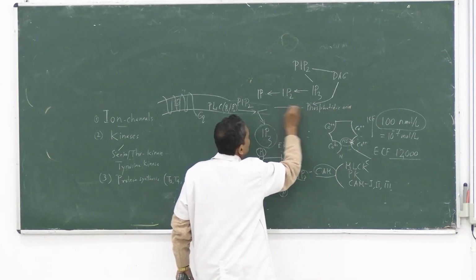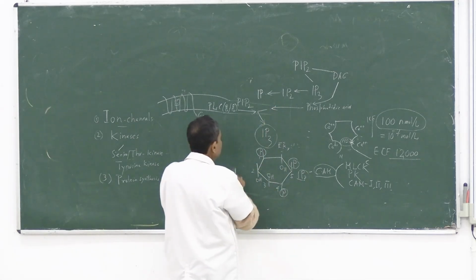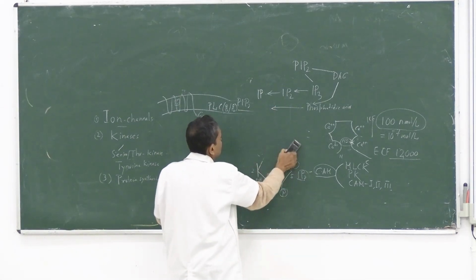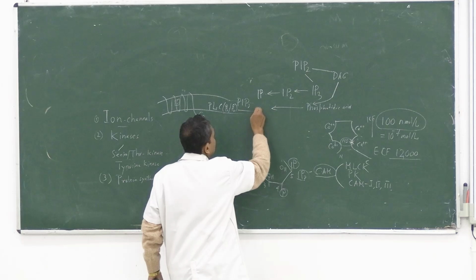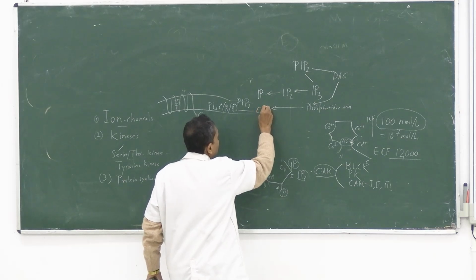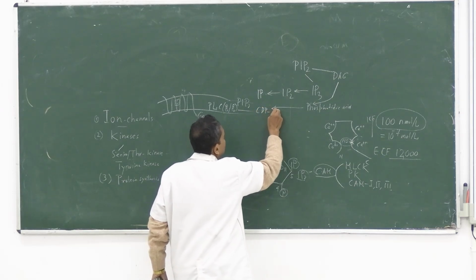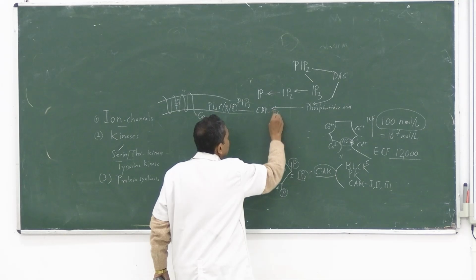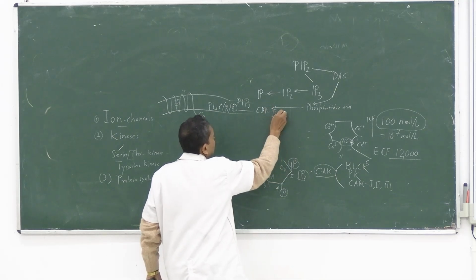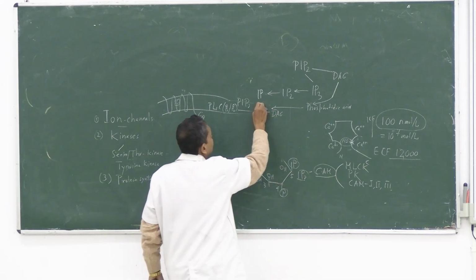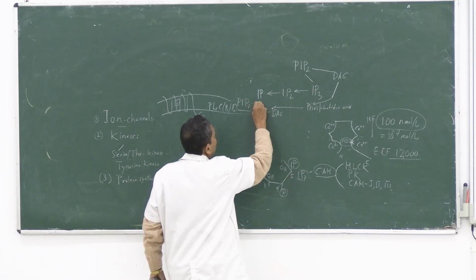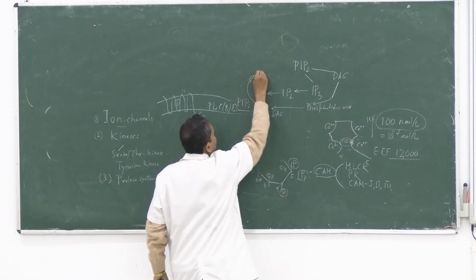It will give rise to CDP, cytosine diphosphate, CDP DAG, and they will ultimately form phosphatidyl inositol.